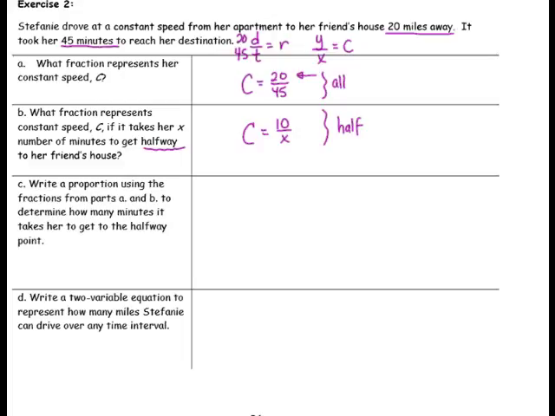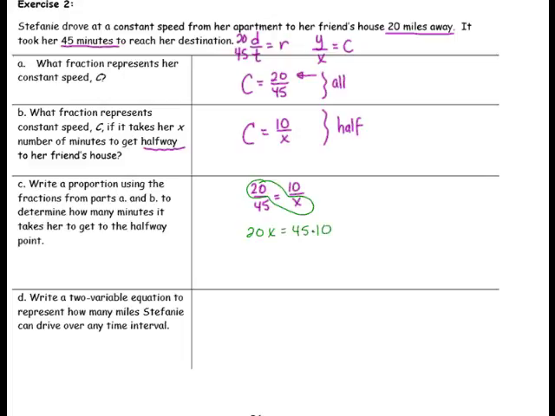So, using the transitive property, if C is equal to 20 over 45, and C is also equal to 10 over x, then we know that 20 over 45 is equal to 10 over x. Now we can write a linear equation and solve for x, and that will tell us the time it takes to get halfway to her friend's house. Writing the equation, 20x is equal to 45 times 10.